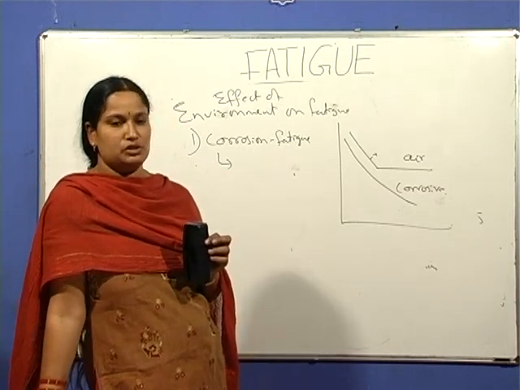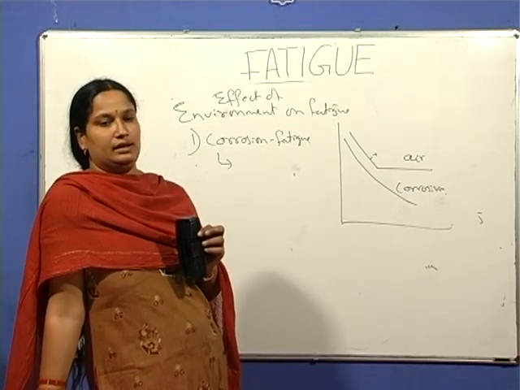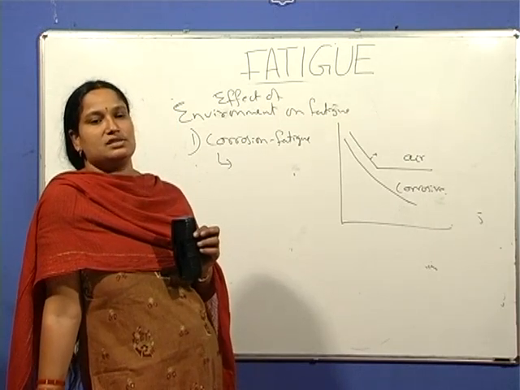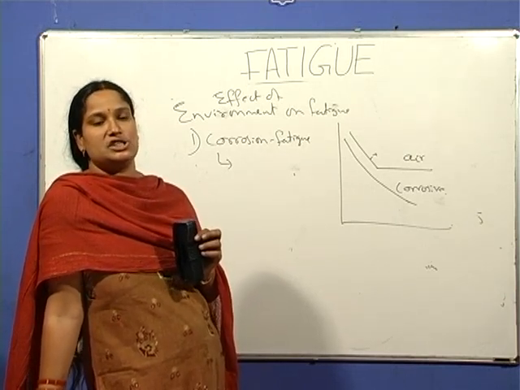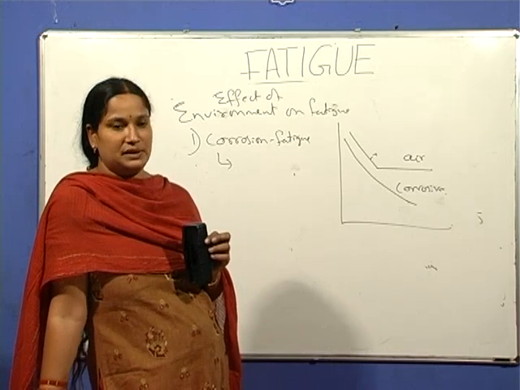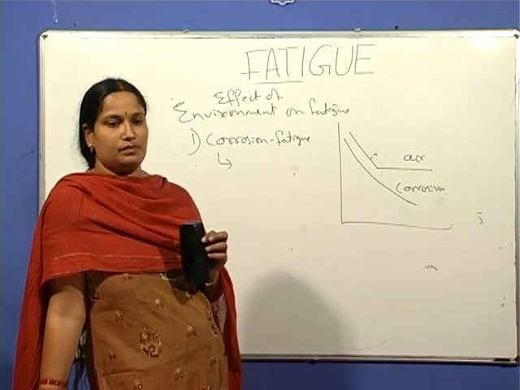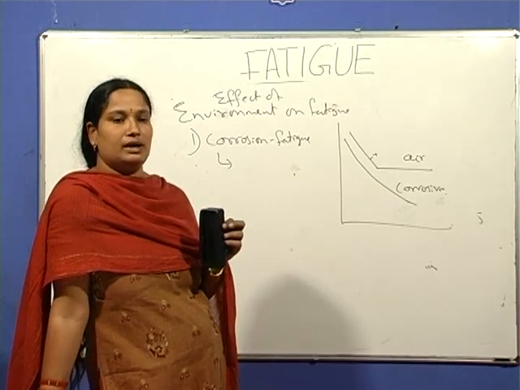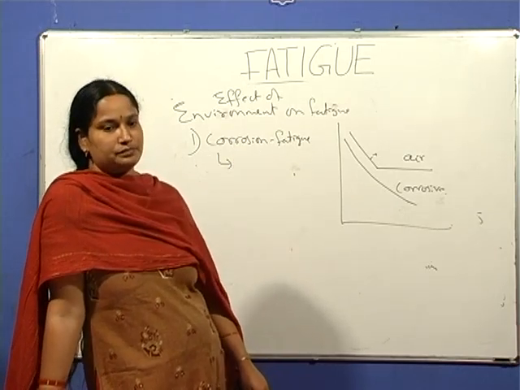Pitting takes place due to corrosion. These pits act as stress concentrators, and fatigue crack initiation takes place at these pits if the component is subjected to cyclic loads. So, the failure that occurs is known as corrosion fatigue.